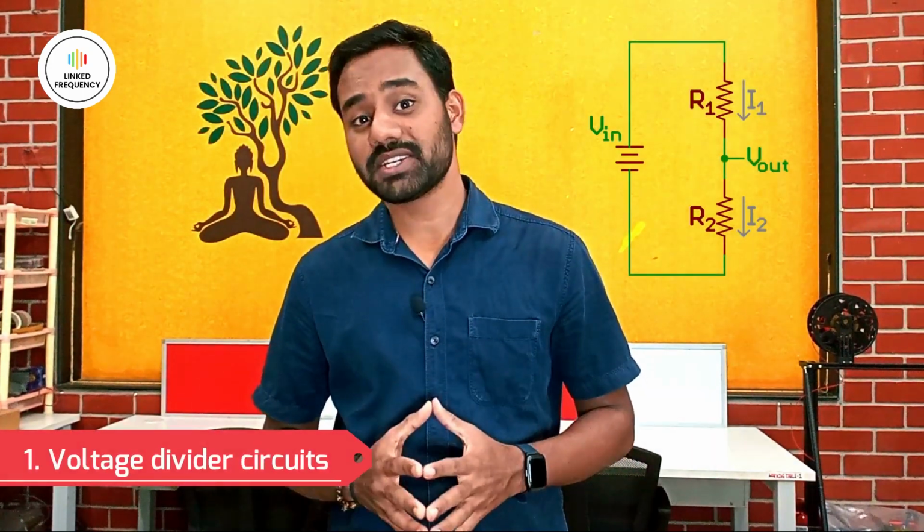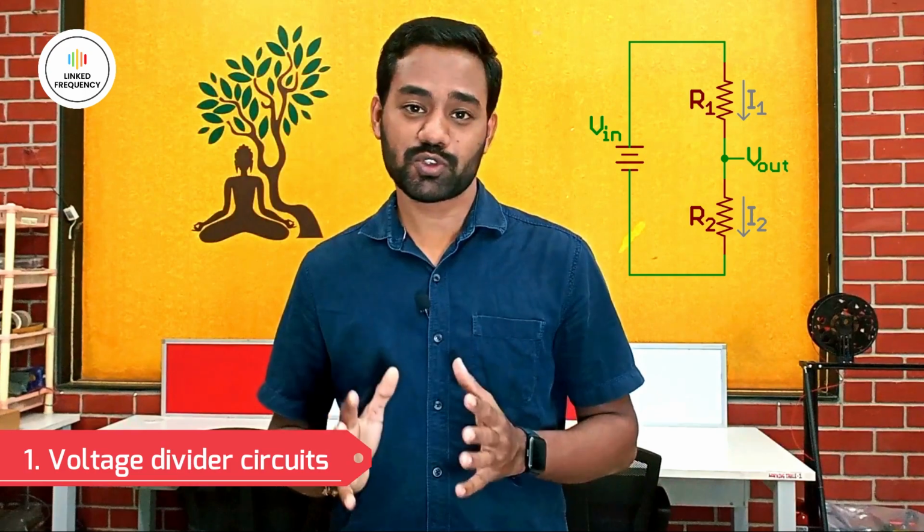First one is the voltage divider circuit. One of the most common and most widely used circuits in electronics design engineering is the voltage divider circuit. By adding 2 or more resistors, we divide the voltage from a higher level to a lower level, maybe for a sensing purpose or conversion purpose. In case of voltage sensors, this is how the principle is used.